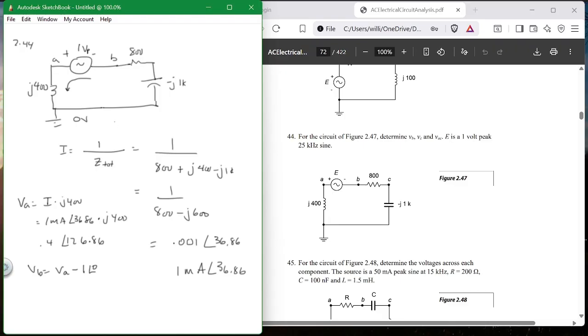Let me do it again. 0.4 at angle 126.86 minus 1, equals, it's 1.28 at angle 165.52.